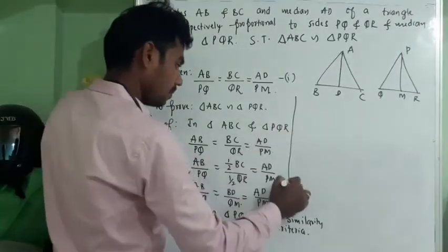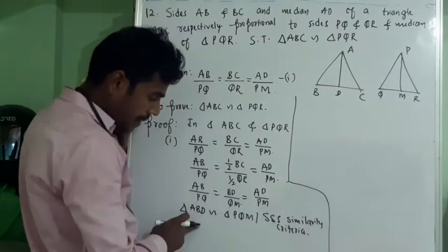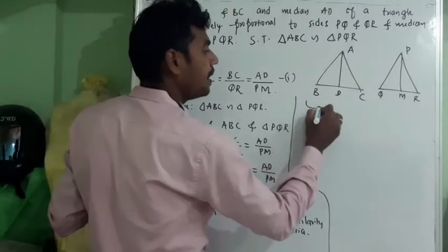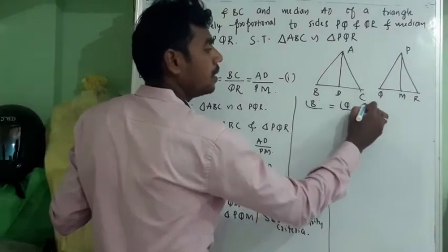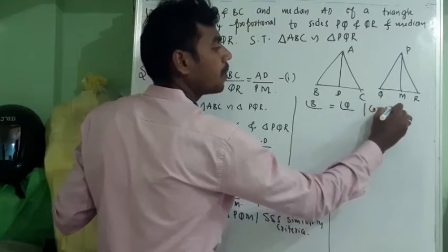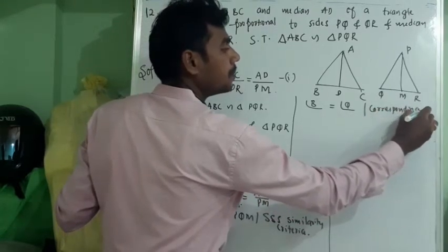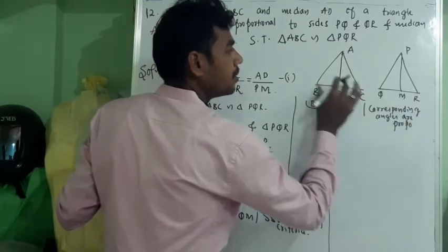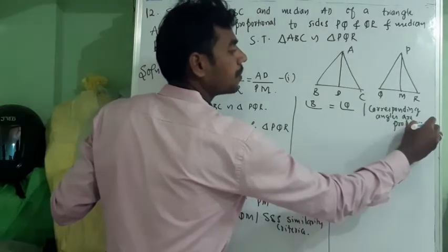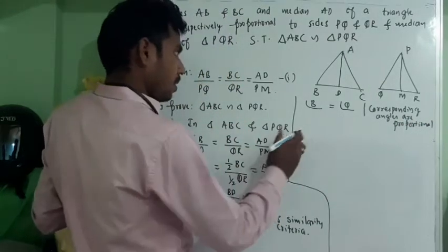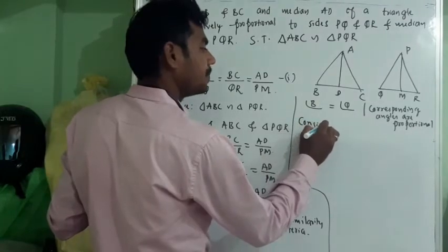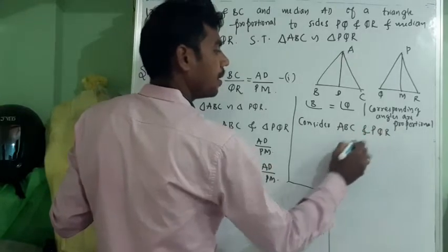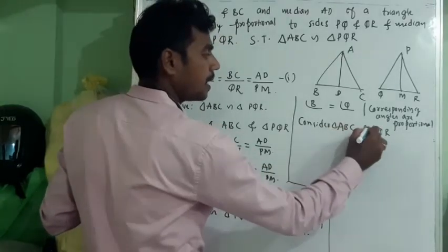Now, so what can I write? Since ABD is similar to PQM, angle B is equal to angle Q. See, corresponding angles are equal. Why? These two triangles are similar. Now, consider triangle ABC and triangle PQR.